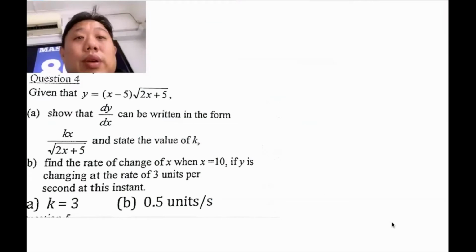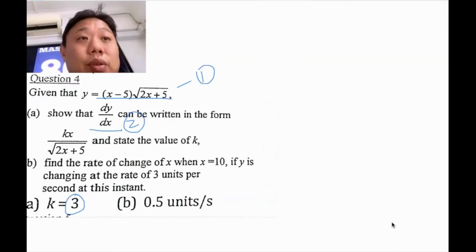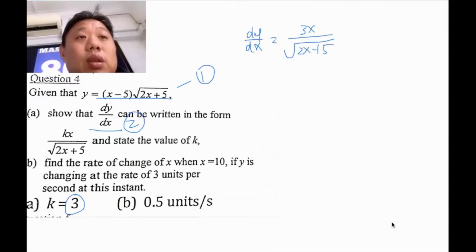So you read the question. This is step 1, identify the king, identify the equation. This is step 2, you need to differentiate the king. So when you differentiate, you will get k to be 3. So here we'll do the step 3. In step 3, now you know dy/dx is going to be 3x over square root of 2x plus 5. So in order to execute step 3, my king dy/dx has to be a number.